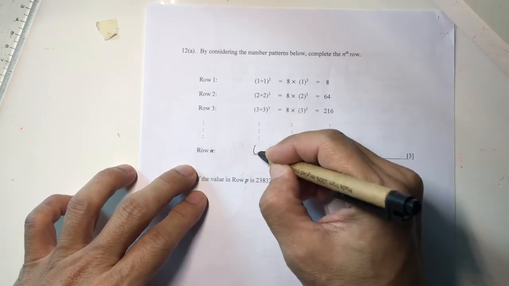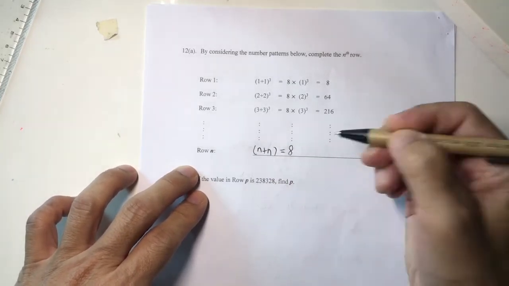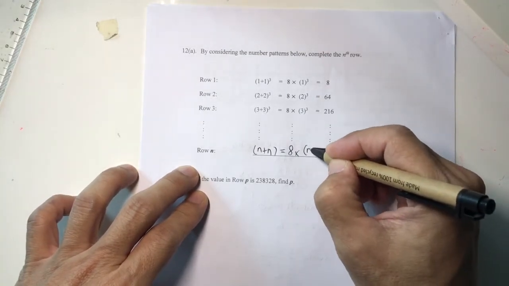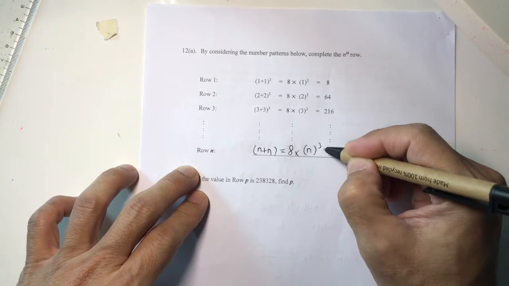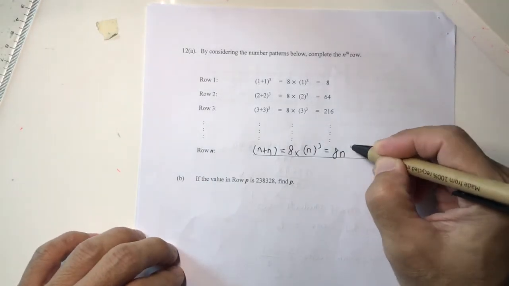Therefore, for row n, it will be n plus n to the power of 3, which equals 8 times n to the power of 3, and this gives us 8n cubed.